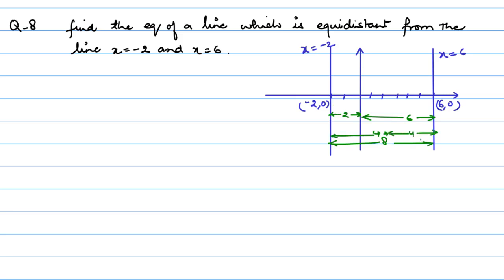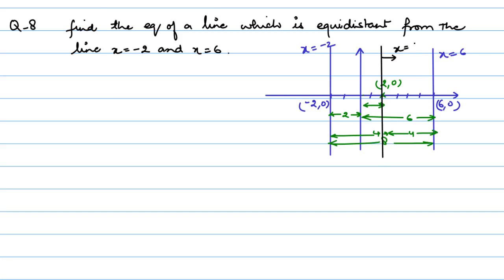Therefore if we move 4 units to the left, where will we land up? We will land up at 2. And from this side also, these are 2 units, and this is again 2 units, this is 2, and again this is 2. Therefore we have moved 4 units. Therefore our line would be a line passing through (2, 0) and parallel to the given lines. Now the equation of such a line would be, what? This line is parallel to y-axis and is passing through 2.